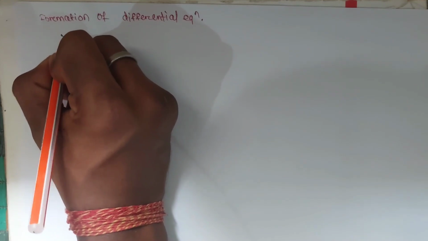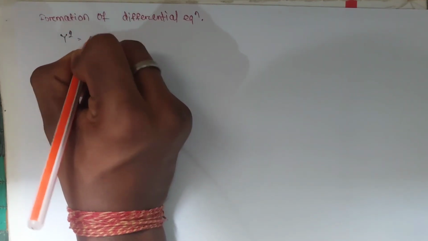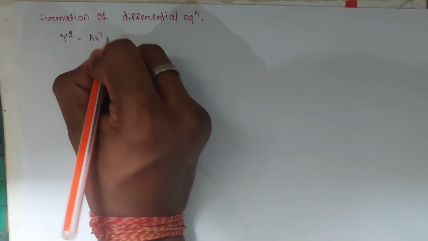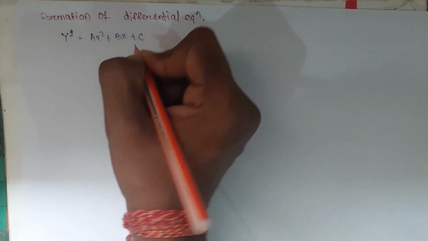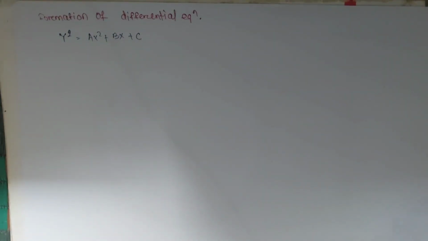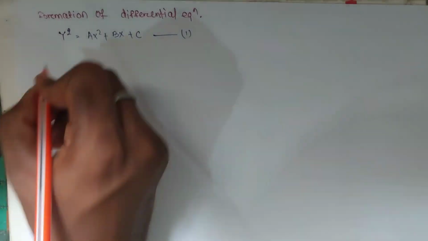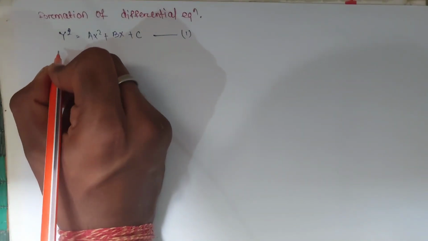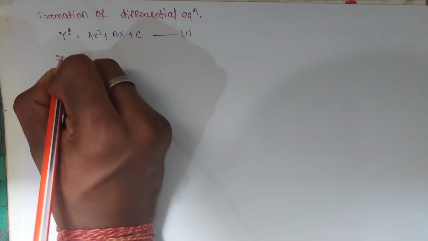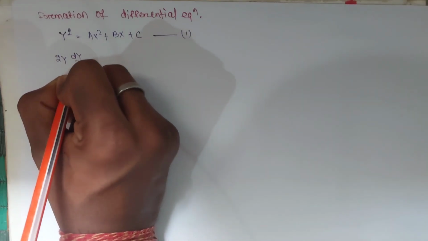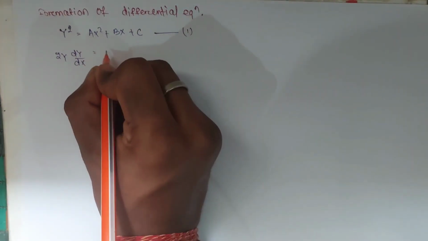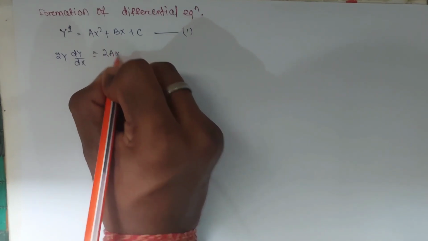If we take a normal equation, like a quadratic equation y square equals ax square plus bx plus c, then how can we form a differential equation from it? By differentiating the equation we can get the differential equation. If we differentiate it, then we get 2y dy by dx equals 2ax plus b.